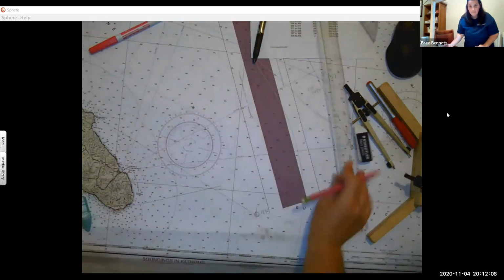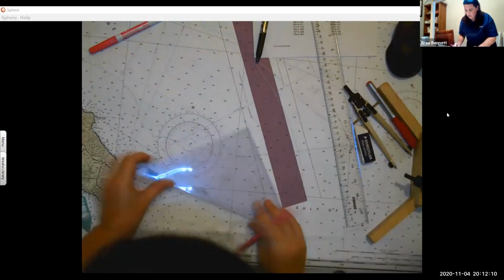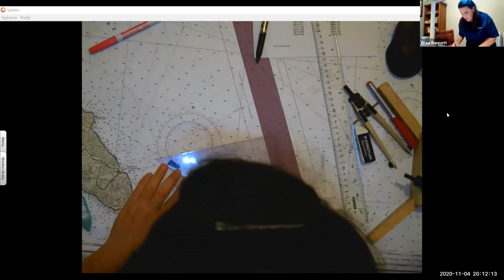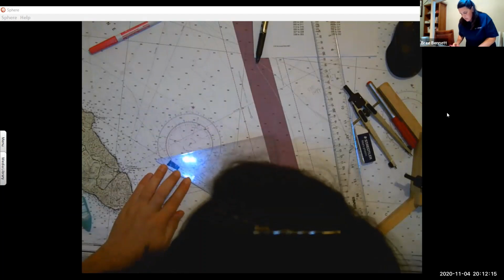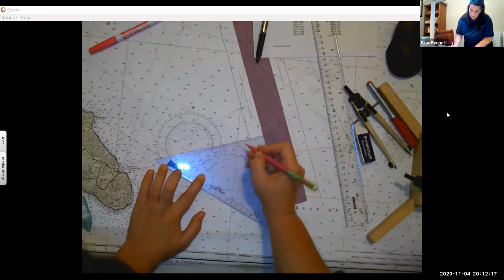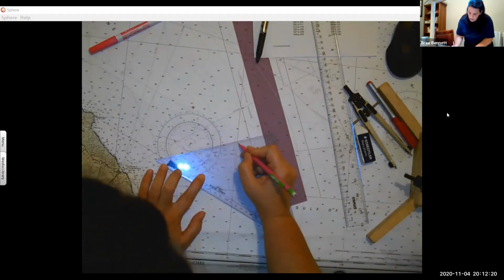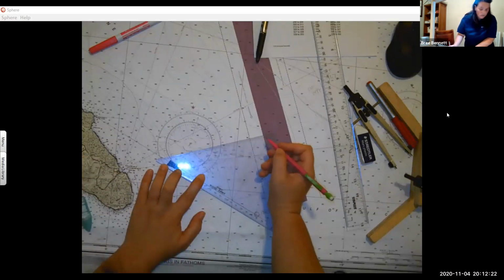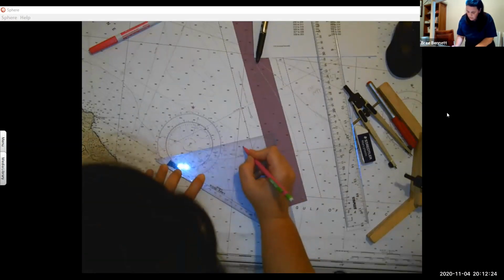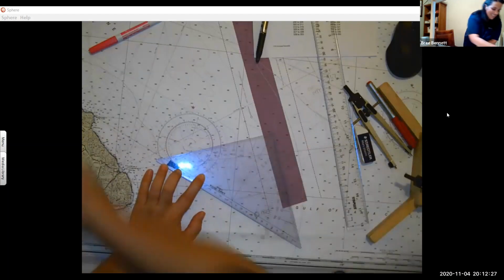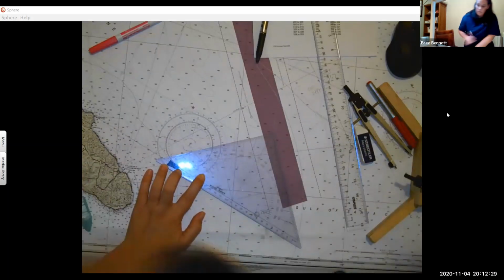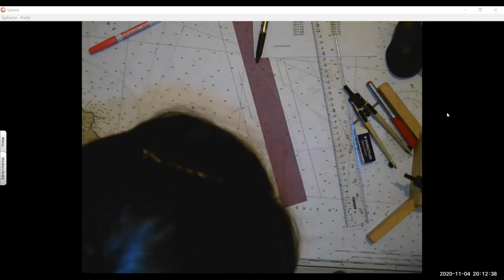We're going to get our course. I got a course of about 292. Nope, that's wrong. 297. That would make more sense. 297 at a speed of 10 knots.